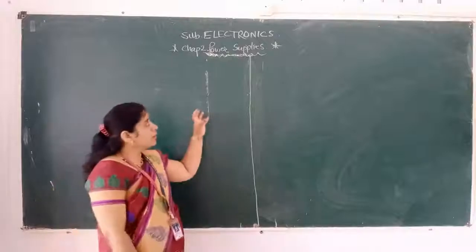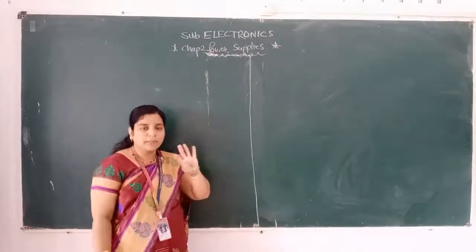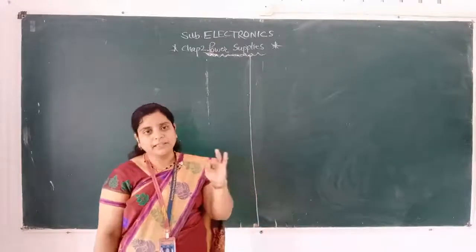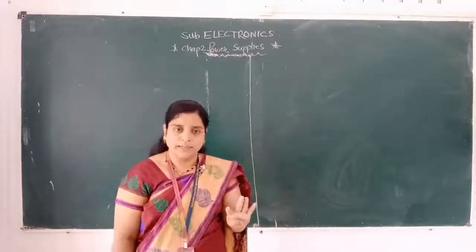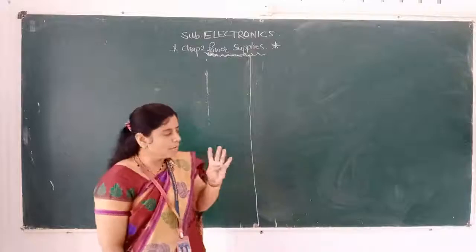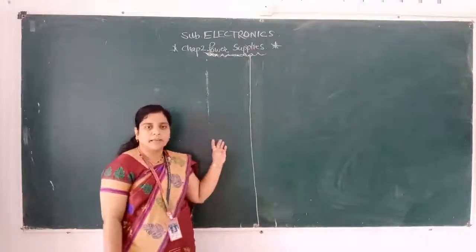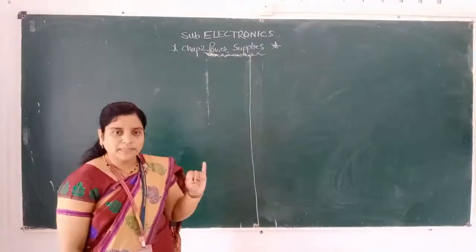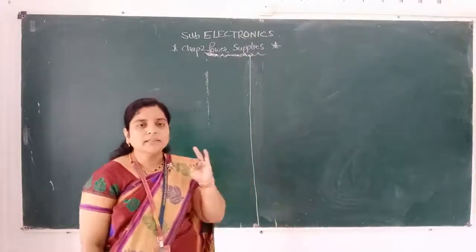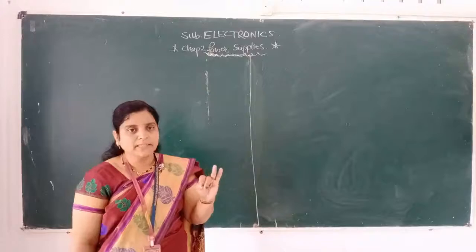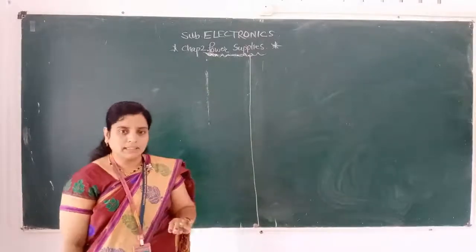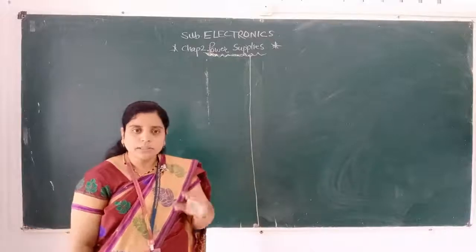So power supply means what? Four basic blocks are there: first is transformer, second is rectifier, third is filter and fourth is regulator. If these four blocks are there in the power supply circuit, the transformer transforms the signal, and then the rectifier rectifies, meaning it converts AC into DC, alternating current into direct current.